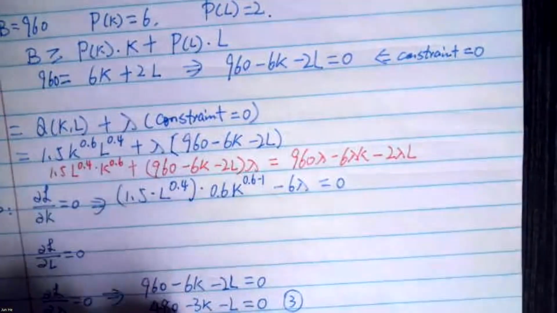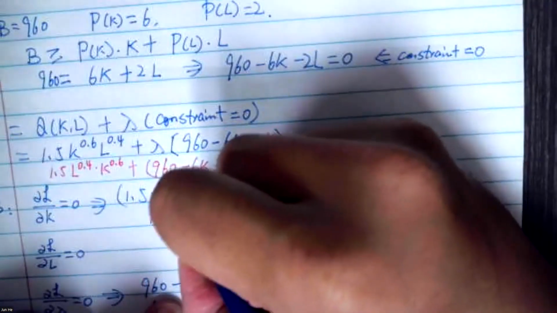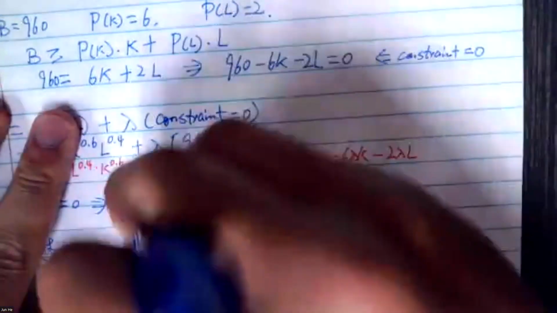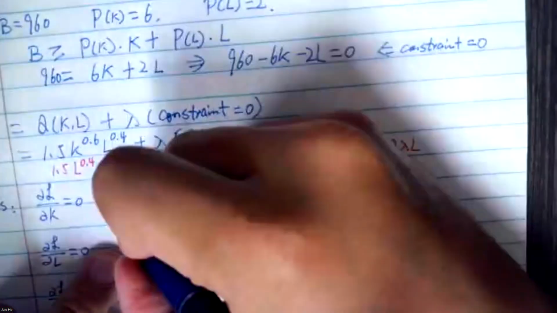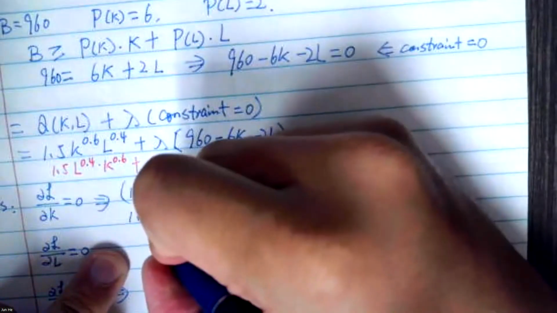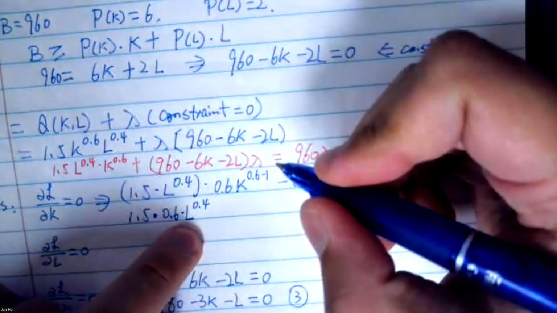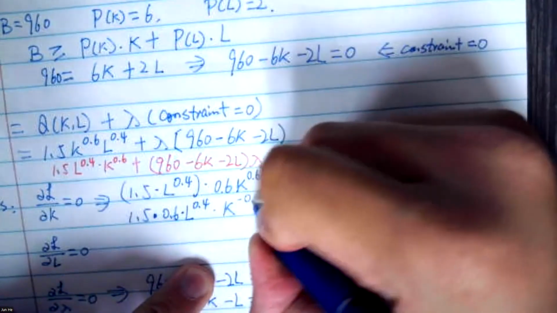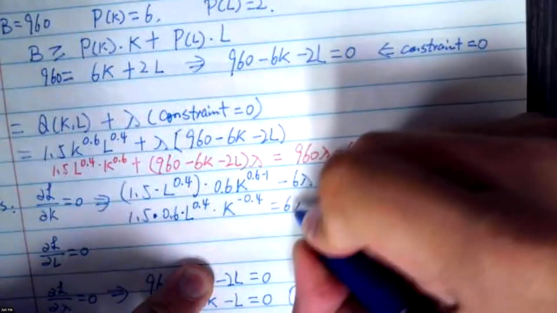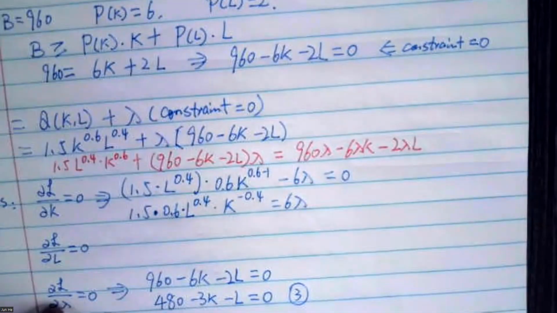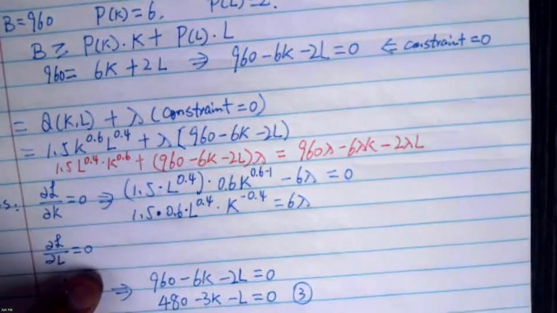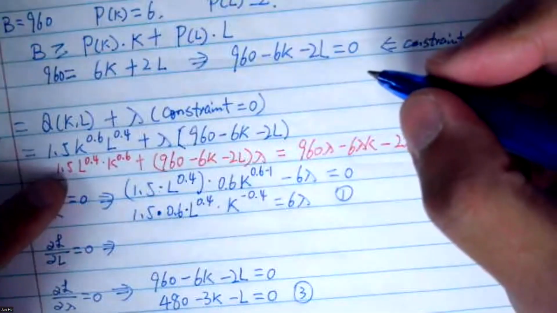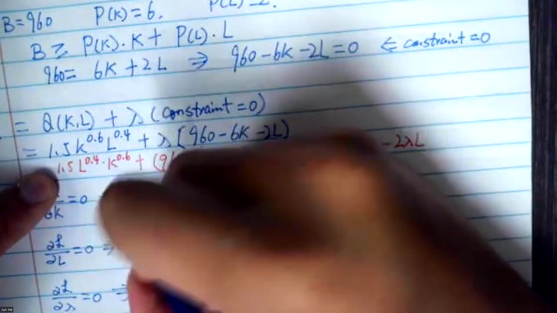So then we have 1.5 by 0.6 times L to the power of 0.4 by K to the power of minus 0.4 equals 6 times lambda. And that is equation 1. And equation 2, similarly, we have 1.5.